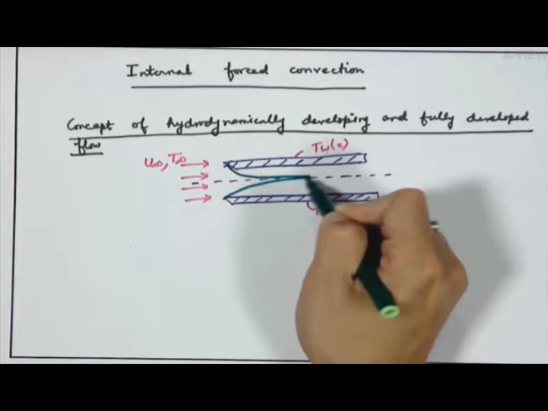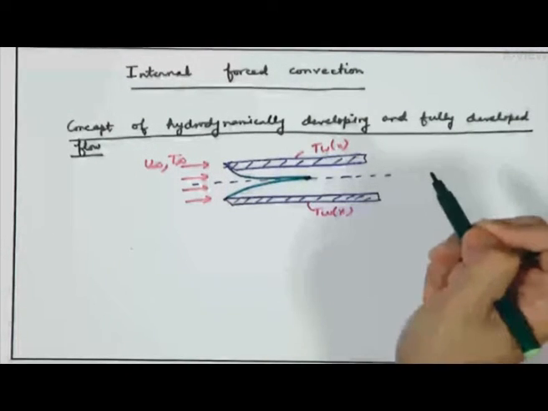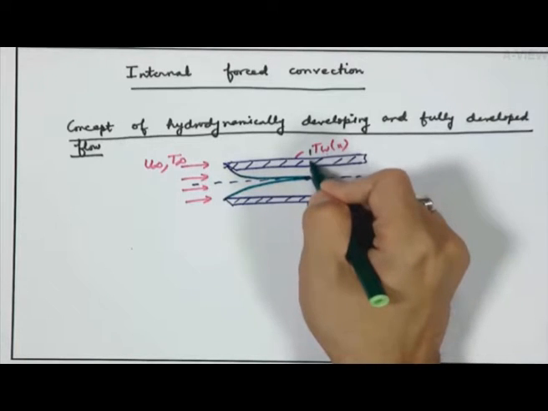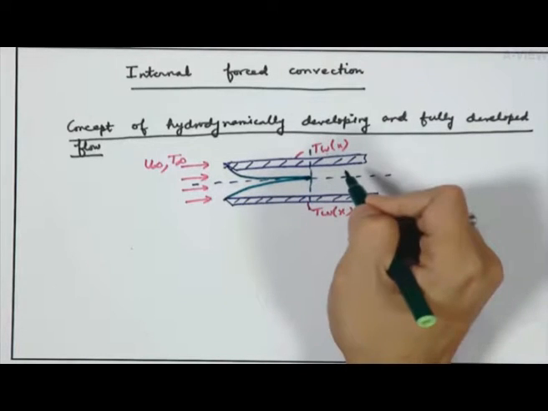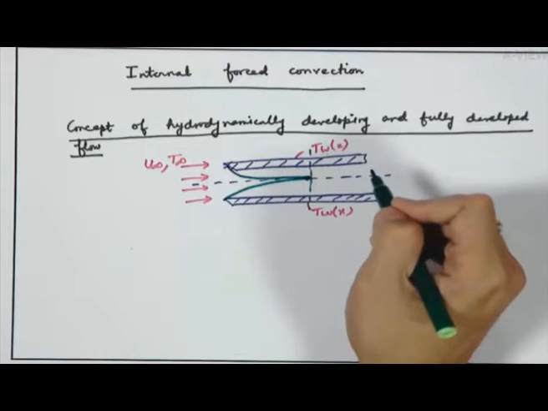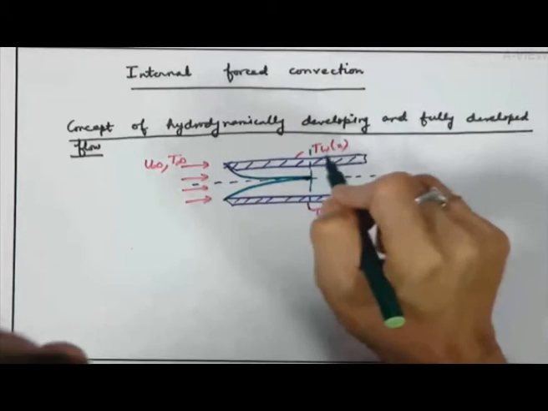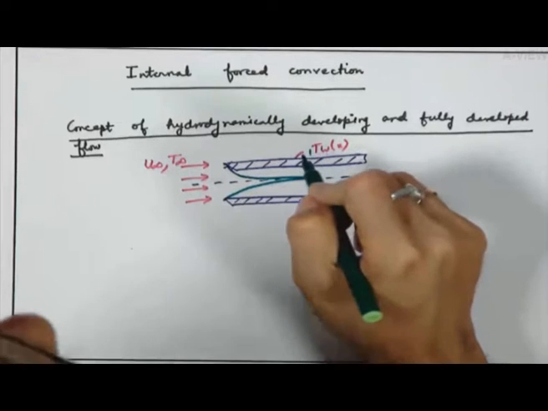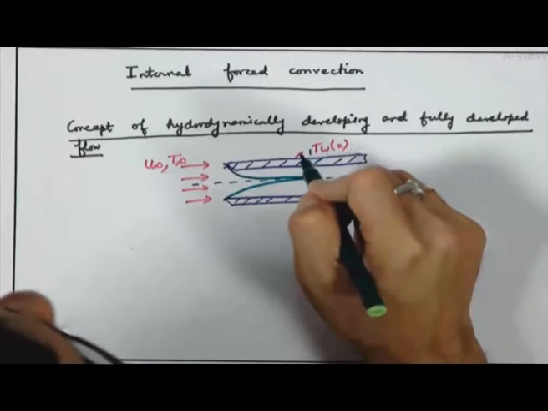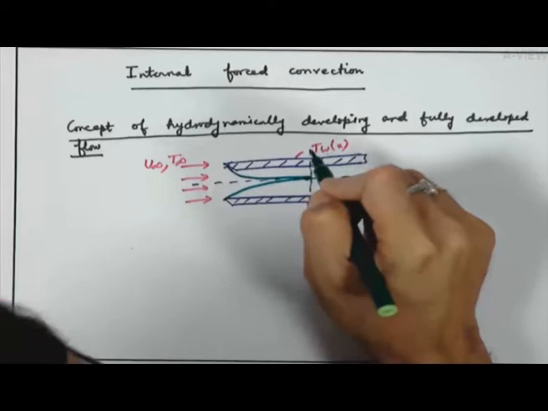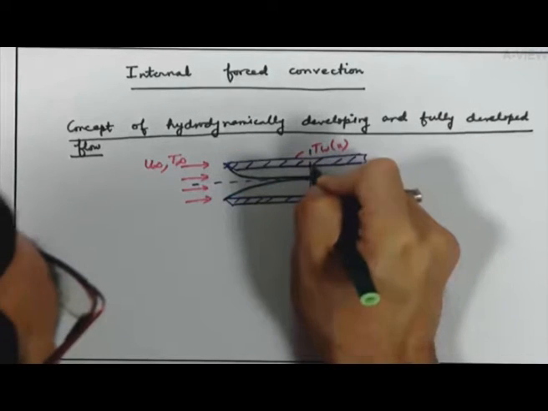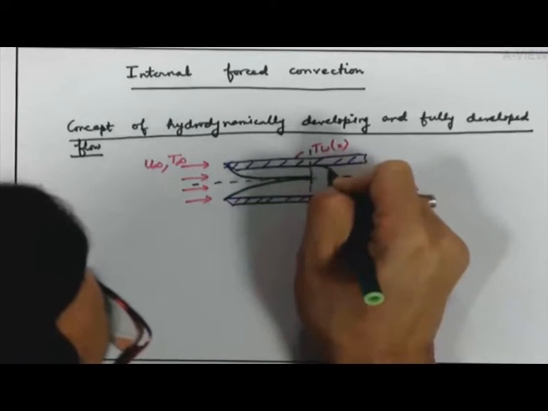Because of symmetry, the boundary layers will meet at the center line. Beyond this, we get a velocity profile which can be obtained from the exact solution of the Navier-Stokes equation, and we have covered this in our course on dynamics of fluid flows. So, we will get a parabolic velocity distribution.